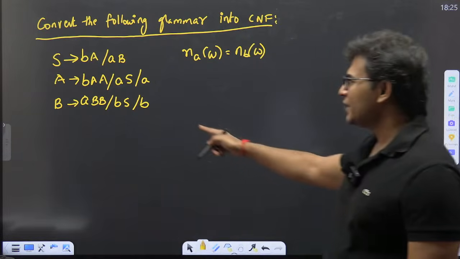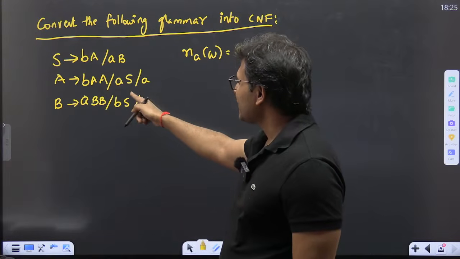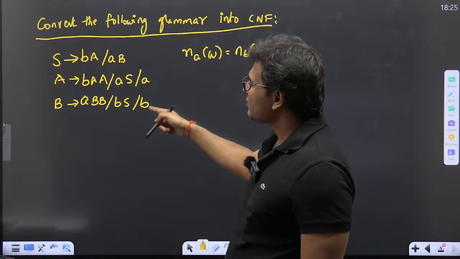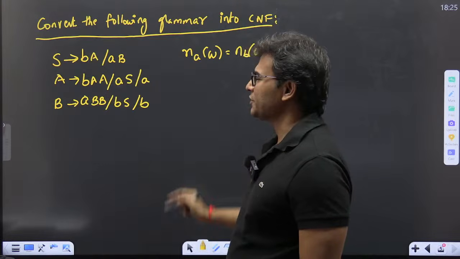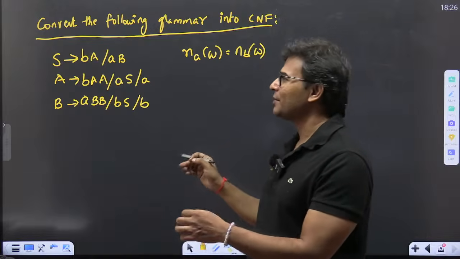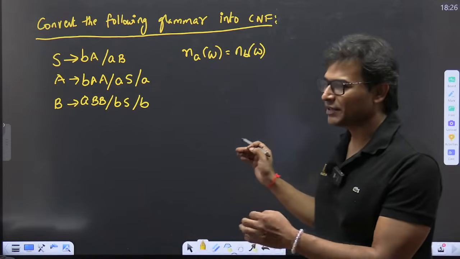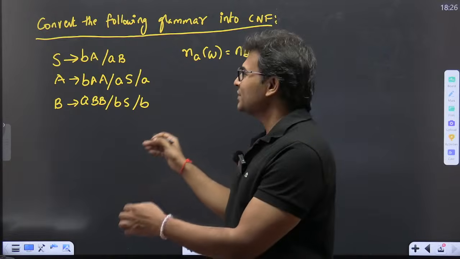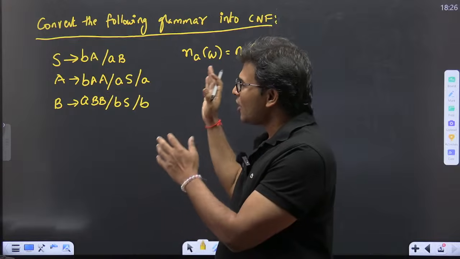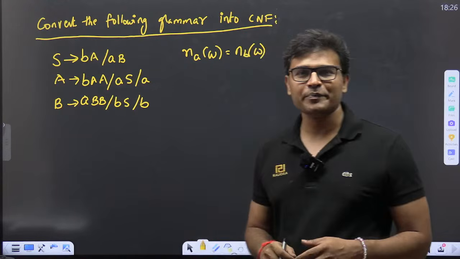This language, the language represented by this grammar, generates an equal number of A's and B's. You tell me how. Now analyze the grammar and understand the beauty of this question. Most beautiful grammar. I am in love with this grammar since the time I saw it. I saw this in, I think, 2006. From 2006 until now, I have never missed explaining this grammar or taking it as an example somewhere.